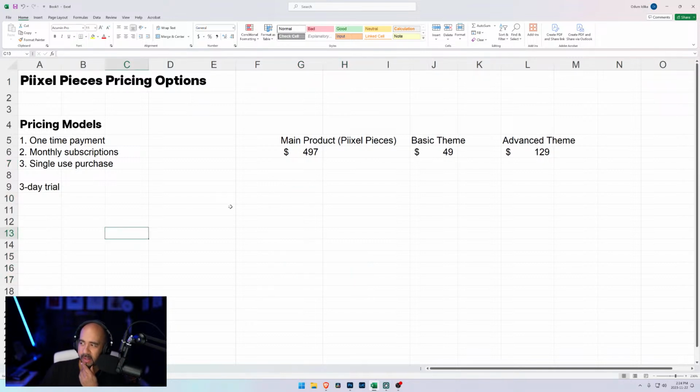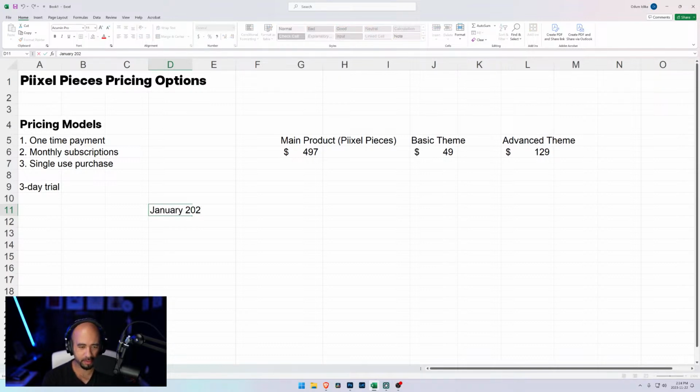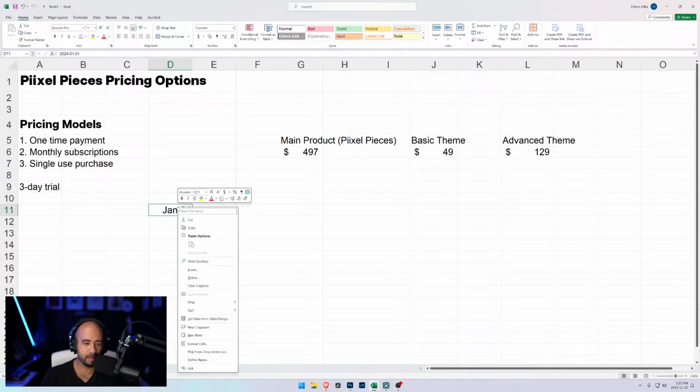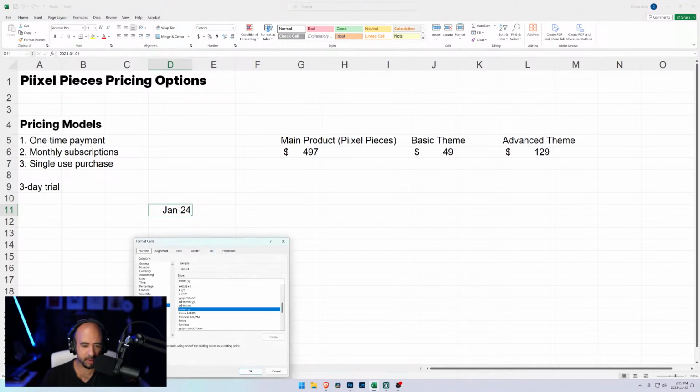So now the idea is how many customers do you think we're going to have? So let's say, for the sake of argument, that we launch January 1st, 2024. Yes, that's next year. Don't display like that. I hate when it shortens it out. Format.